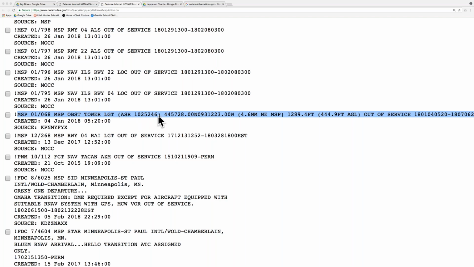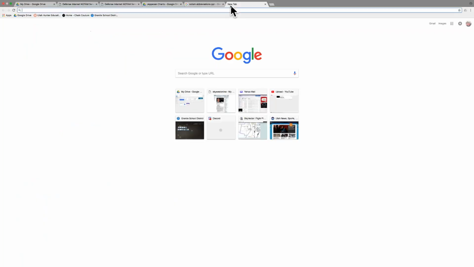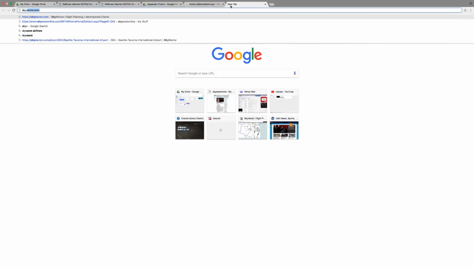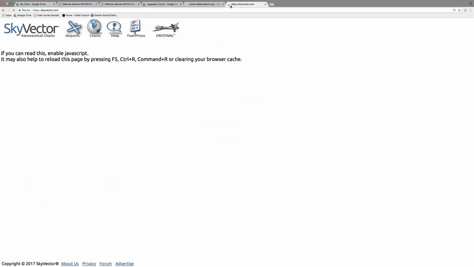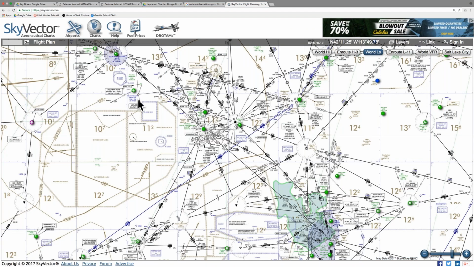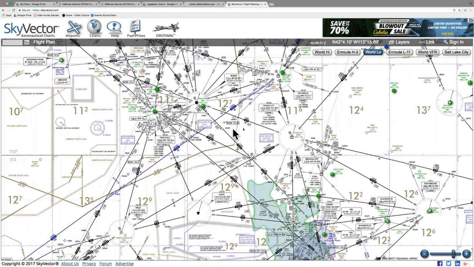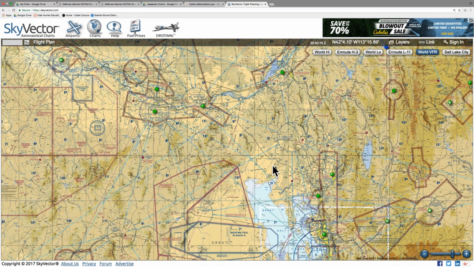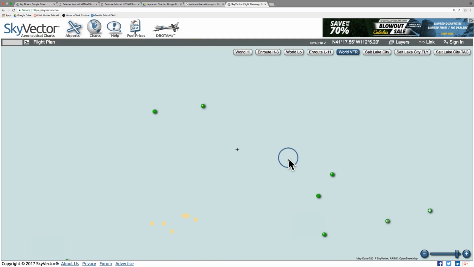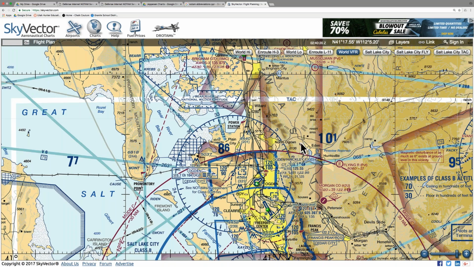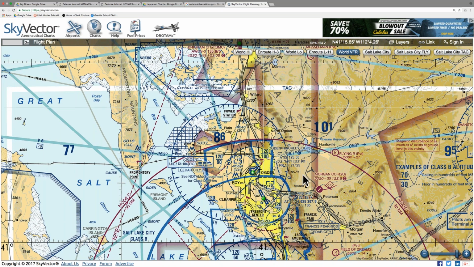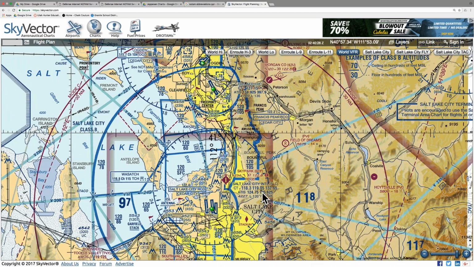This gives you your tower identifier number, so we can look. Let's pull up SkyVector again really quick. Let's see if we can find one of these towers.